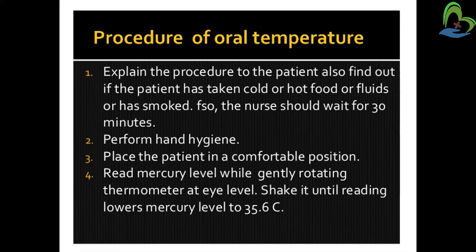The next step is we have to check the level of the mercury, whether it's at the bulb point or not, while gently rotating the thermometer at eye level. So we have to rotate the thermometer at eye level so we can check the exact level of the mercury in the stem.